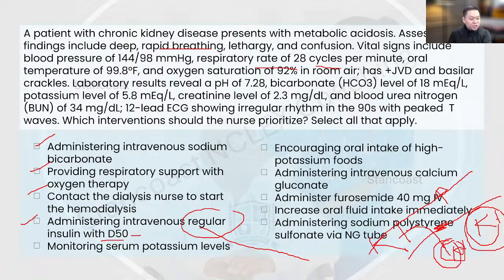Now, monitoring serum potassium levels is also a good intervention. Why? Because we definitely need to monitor the serum potassium levels, which will help us identify if our treatment or interventions have been effective. So if your patient has, let's say, an order to have a follow-up blood draw for potassium level, let's say it's, what time is it now? 1 p.m. EST. And so let's say, for example, the doctor wants to follow up the potassium level after you gave the D50 with insulin.